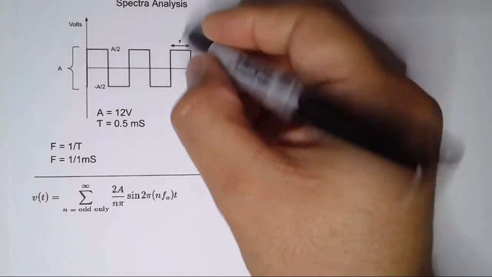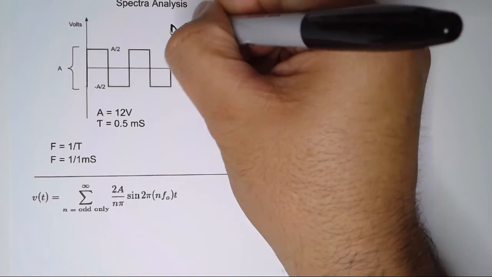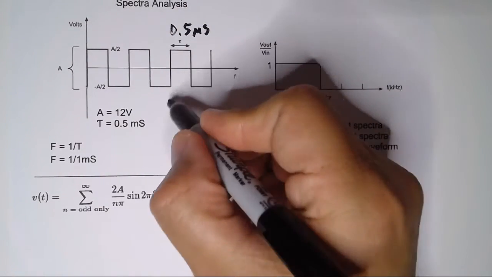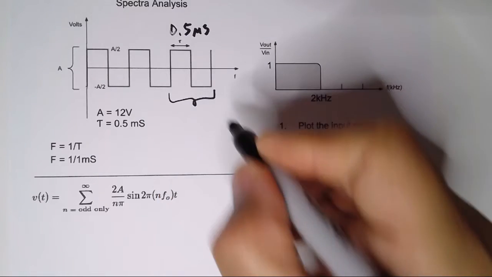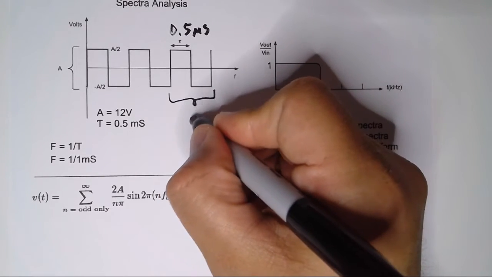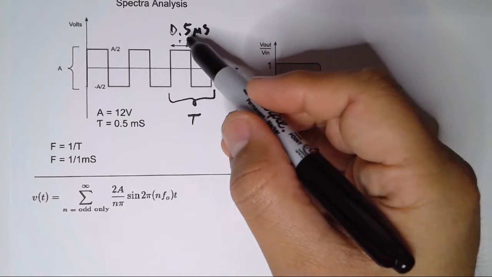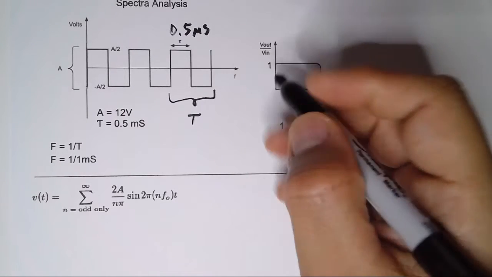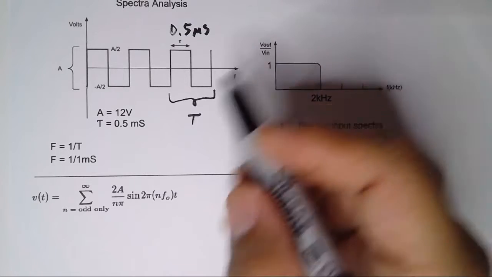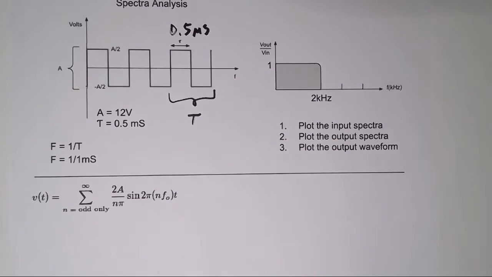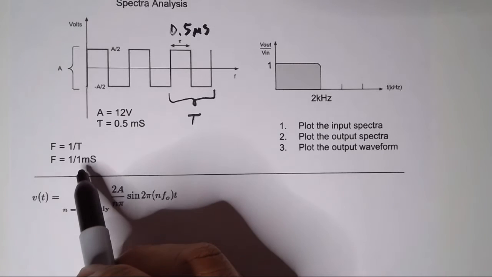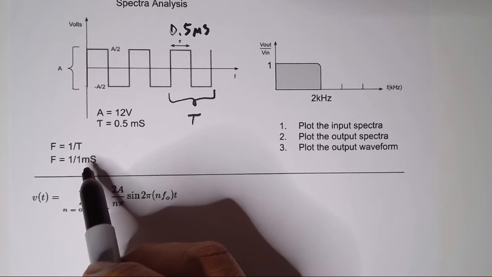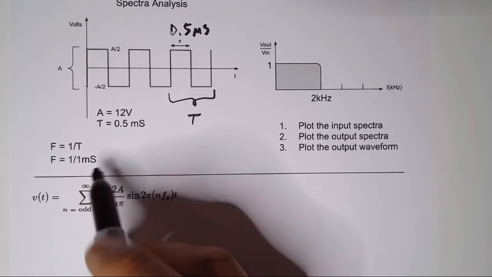So we know that this is 0.5 milliseconds, and this is the period. So 2 times half a cycle is going to be 1 millisecond, and to find the frequency we calculate 1 over the period.